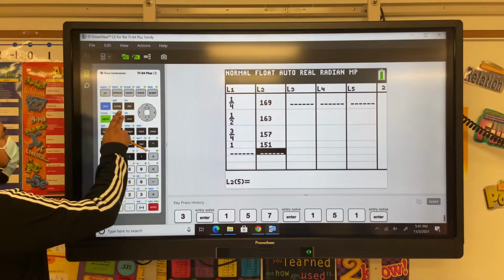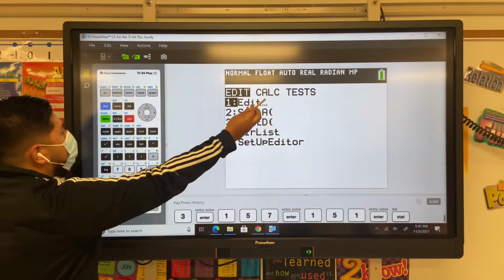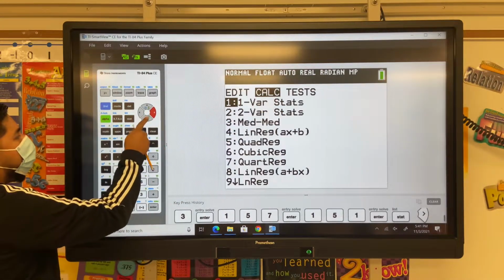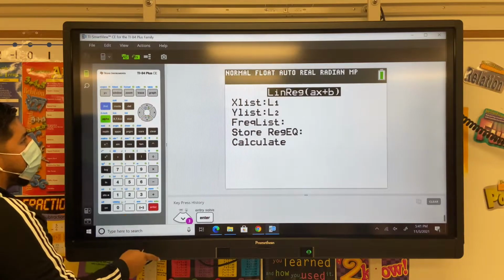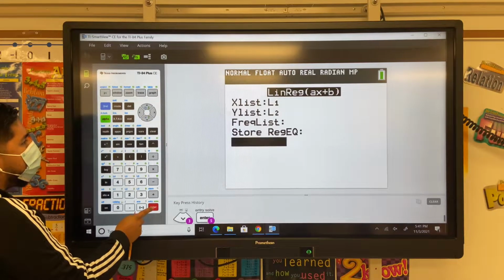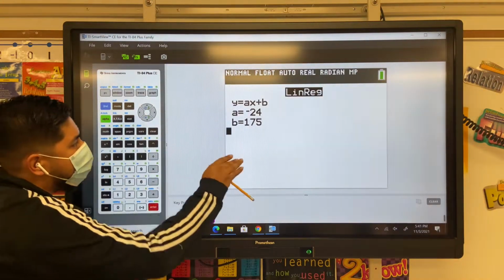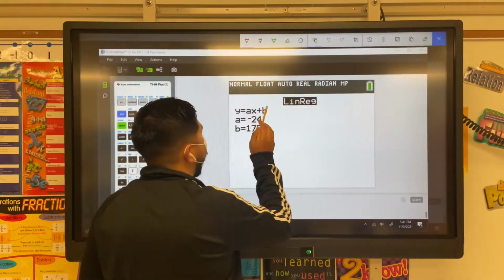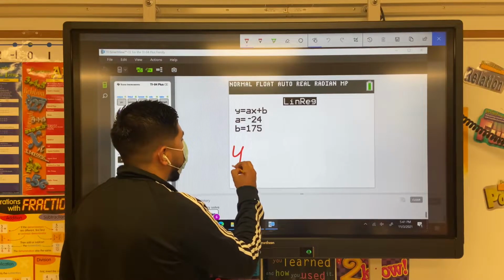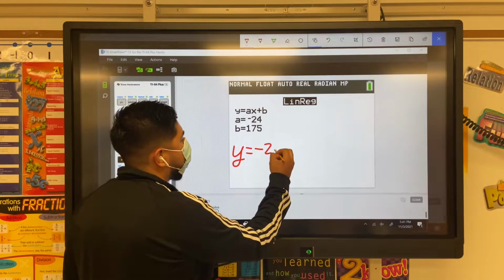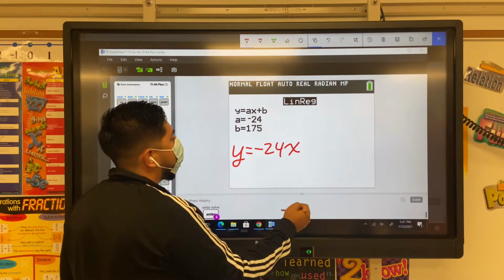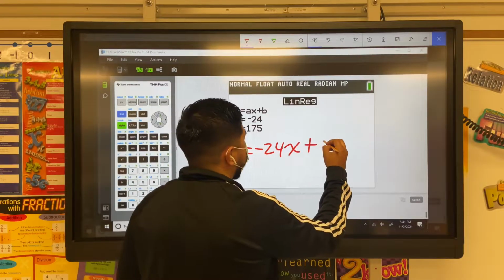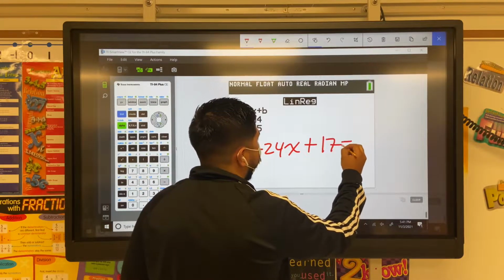Finish it off. Stat. Going to calc 4. Enter. Again, same purpose. Replacing the A, replacing the B. Y equals -24x plus 175.